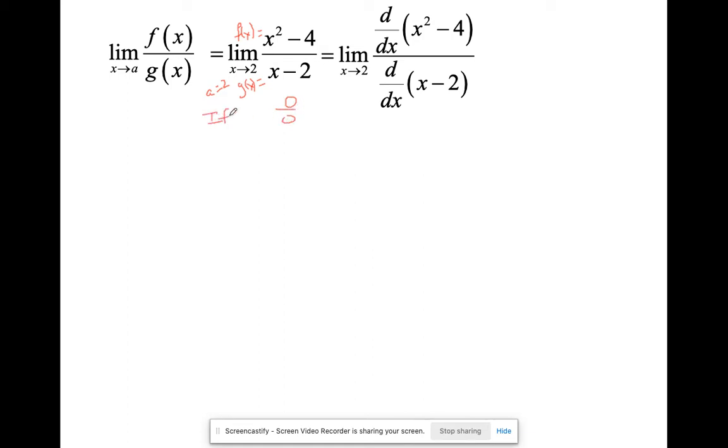If indeterminate, then I can set up the ratio of derivative 1 to derivative 2. Now you know how to take derivatives, so the derivative of x squared minus 4 is just 2x. The derivative of x minus 2 is just 1. You get 2x, re-plug in.